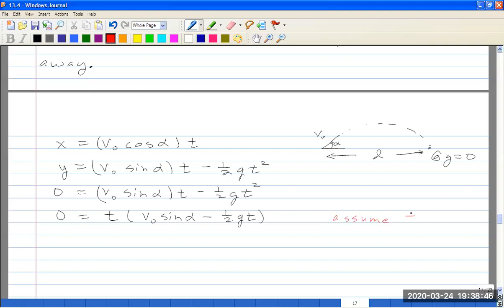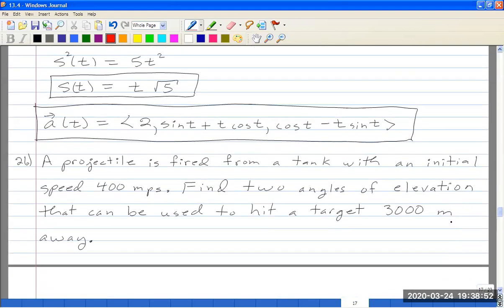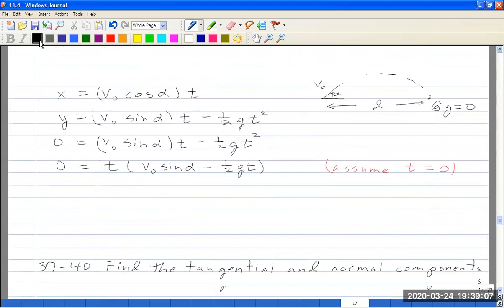That would be a very trivial solution, where I haven't actually shot the projectile yet. And for one thing, it won't be 3,000 meters away. So let's assume that t is not 0.